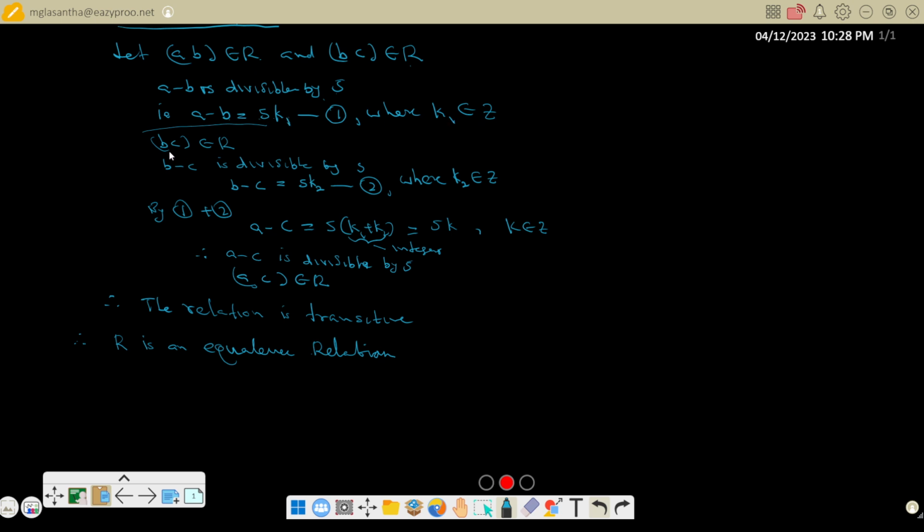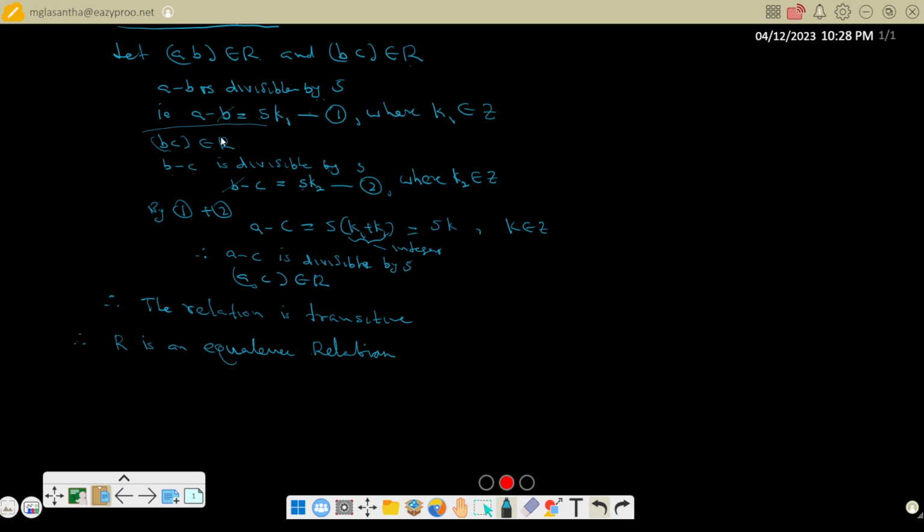If (b, c) belongs to R, in the same way, b minus c is divisible by 5, then b minus c is a multiple of 5, so you can write 5k2. Now you add these equations 1 and 2.